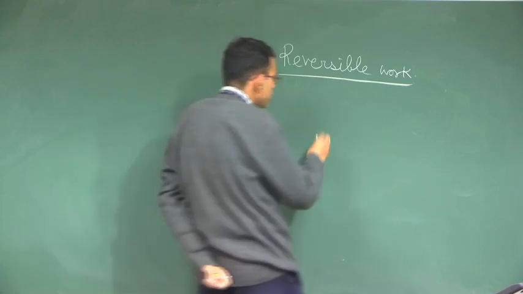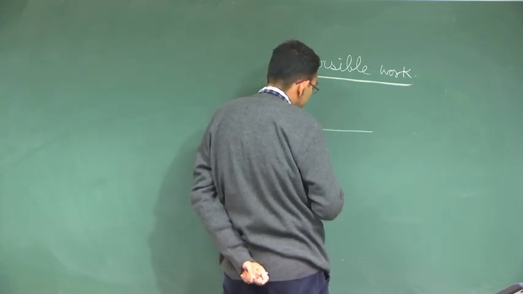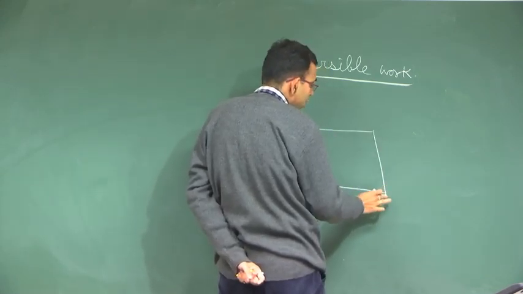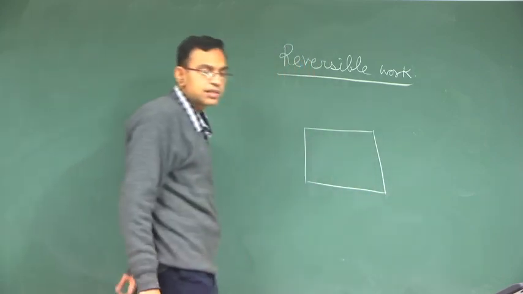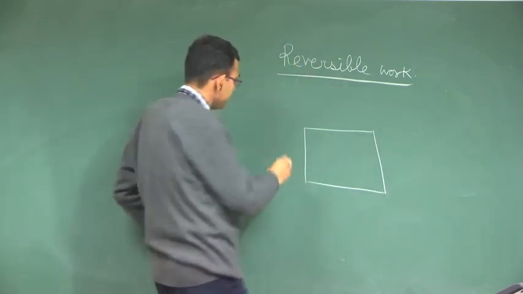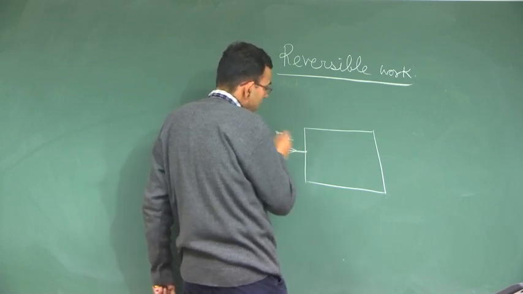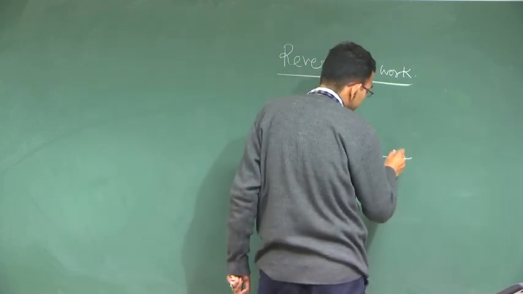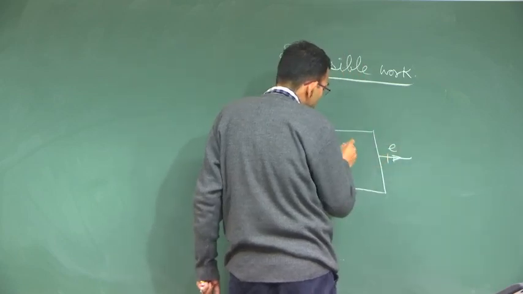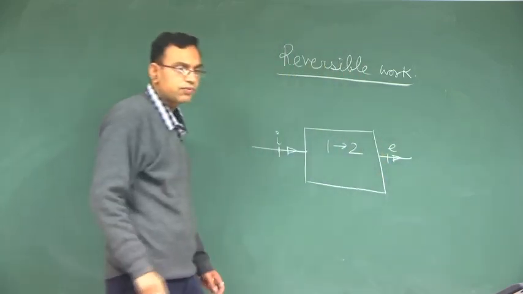To generalize, we will assume that there is a control volume, but you can consider the control mass system as a special case, considering that there is some inlet, there is some exit, and within the control volume there is a change of state from 1 to 2.